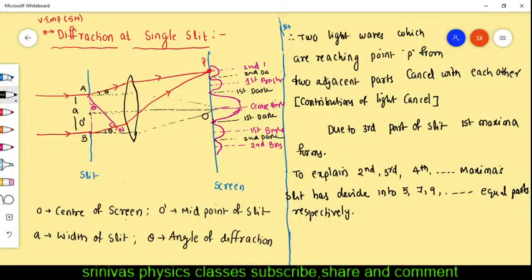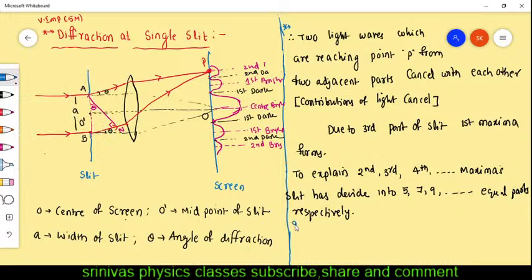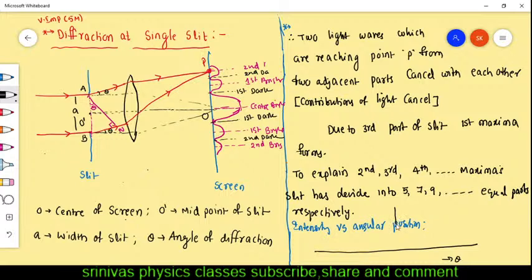Next, the last one, the graph: intensity versus angular position graph. Angular position is taken on the x-axis and intensity is taken on the y-axis.